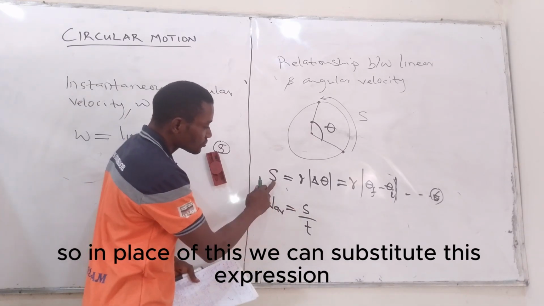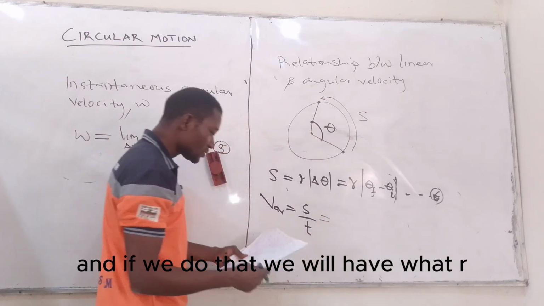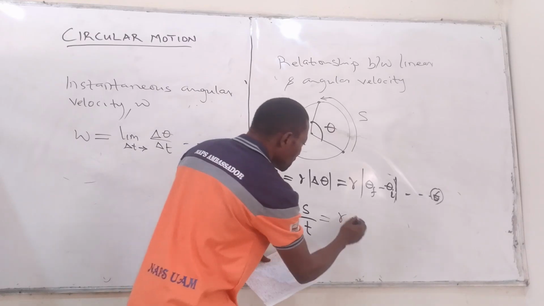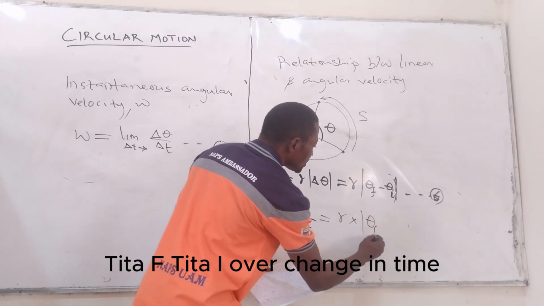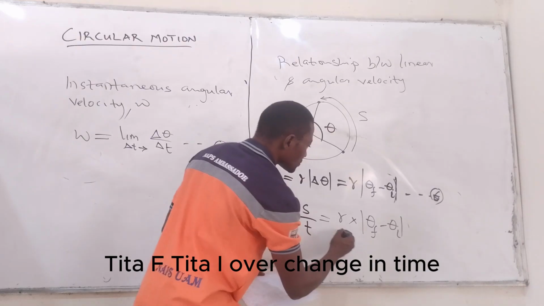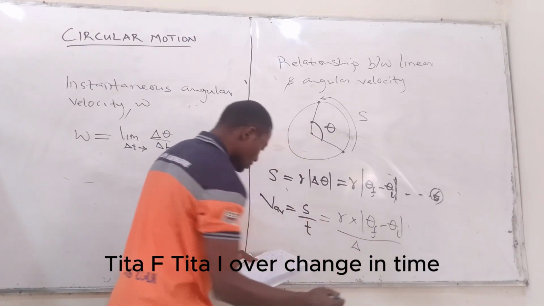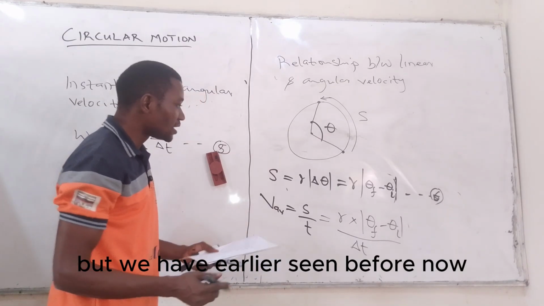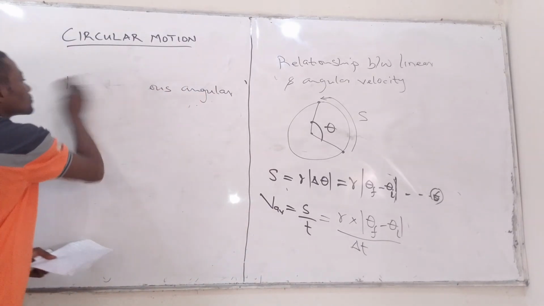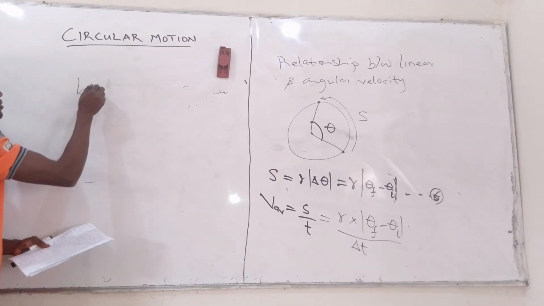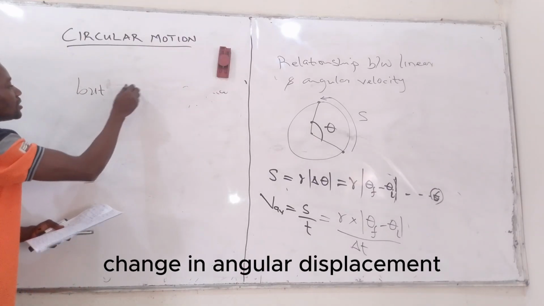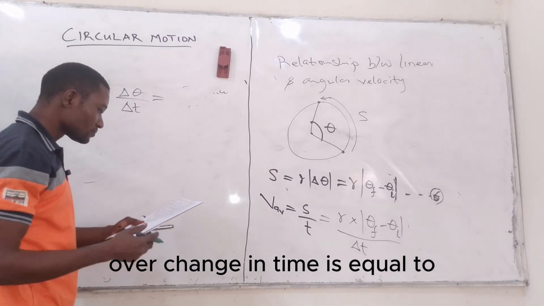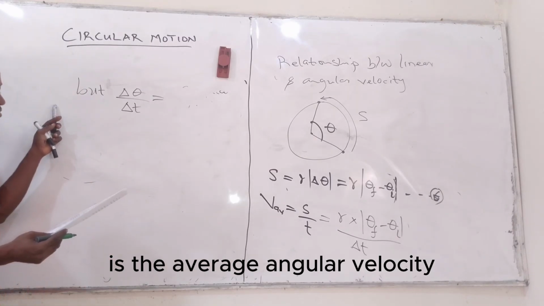In place of distance, we can substitute this expression, and if we do that, we will have r times theta f minus theta i over change in time.